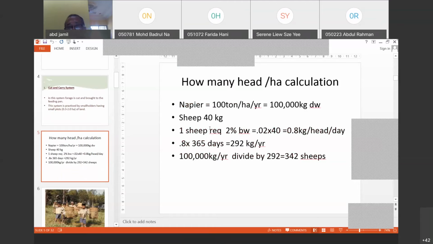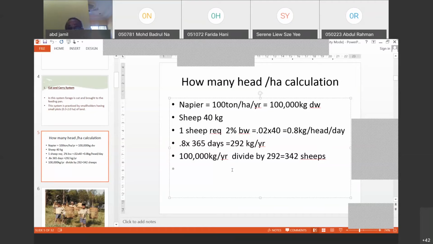Oh, before I forget, why do you give only 2% body weight here? We normally say one animal needs about 3% body weight, right? So the other 1% will come from the concentrate.